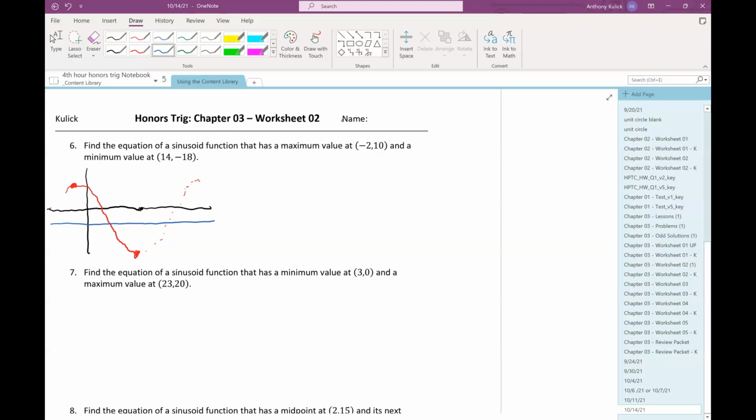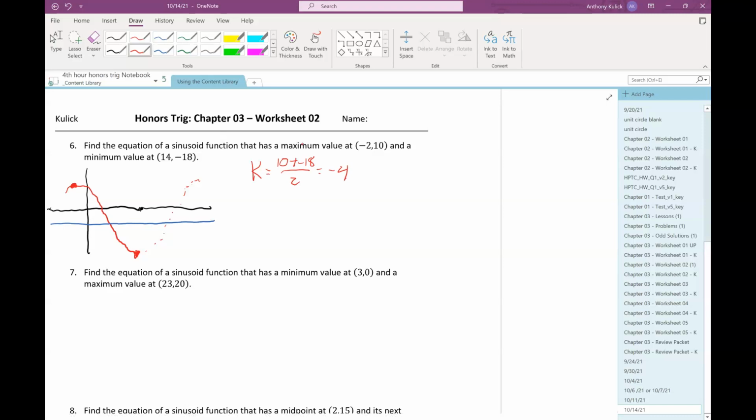Or what I prefer is to take the average of those two numbers, because that's literally the number in between two numbers, right? So that's (10 plus -18) divided by 2, so -4 in that case. And that's my value for K. Does that feel okay so far?